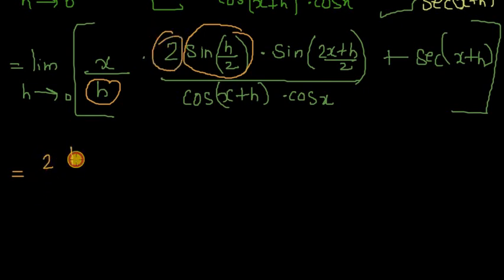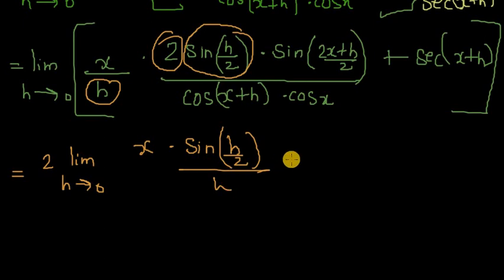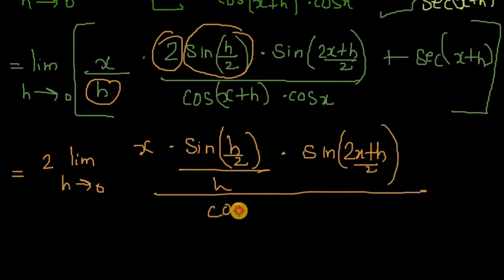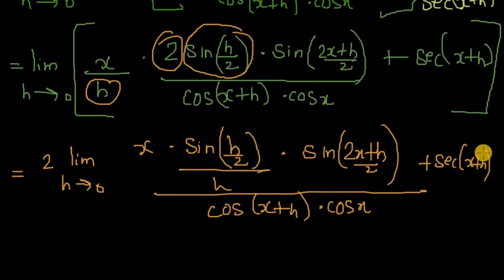So 2 into limit h tending to 0, x into sine of h by 2, I'll put this h over here, into sine of (2x plus h) by 2, whole thing divided by cos of x plus h into cos x, plus sec of x plus h, bracket closed.